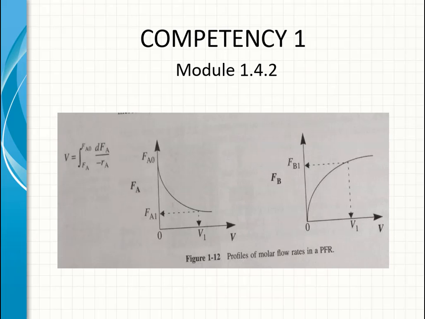And for the product, FB0 will be 0 at the entrance of the reactor, and at the exit of the reactor, when they have traveled a volume V1, we will have FB1, the molar flow rate of the product.